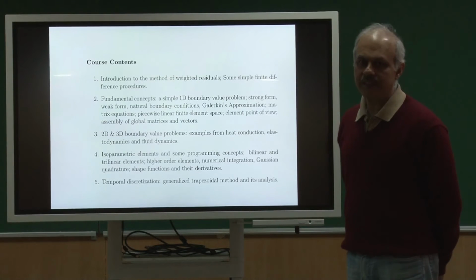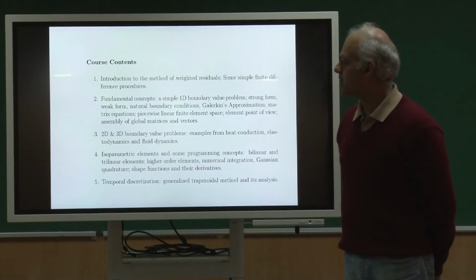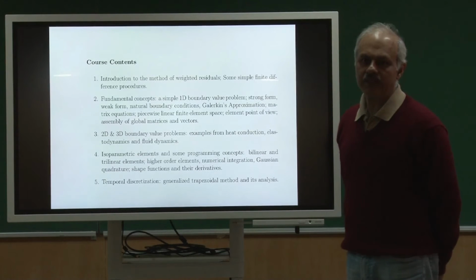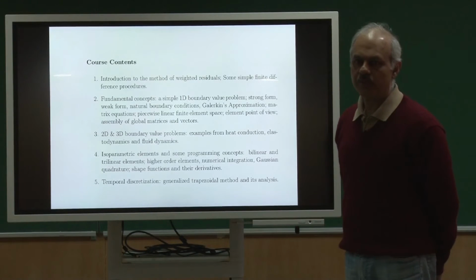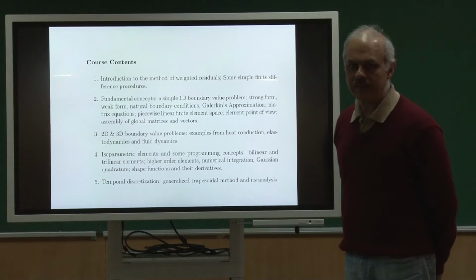In fact, that is what will set us in a framework where we can distinguish between different kinds of methods. You must have heard of these methods like the finite difference method, the finite volume method, the finite element method.